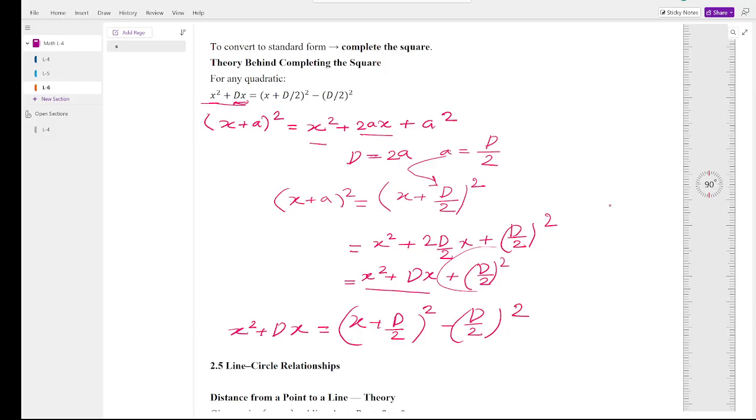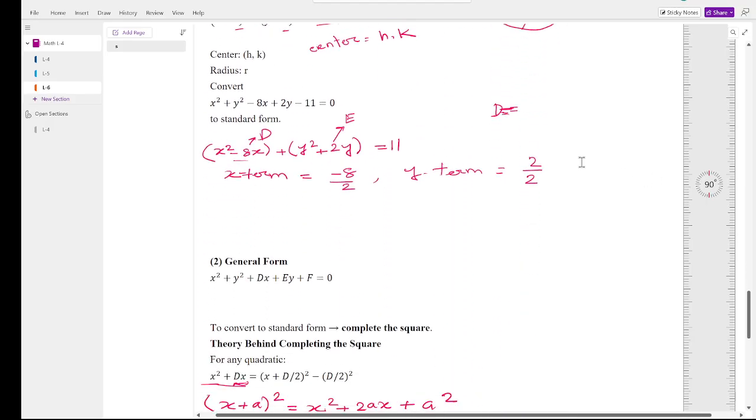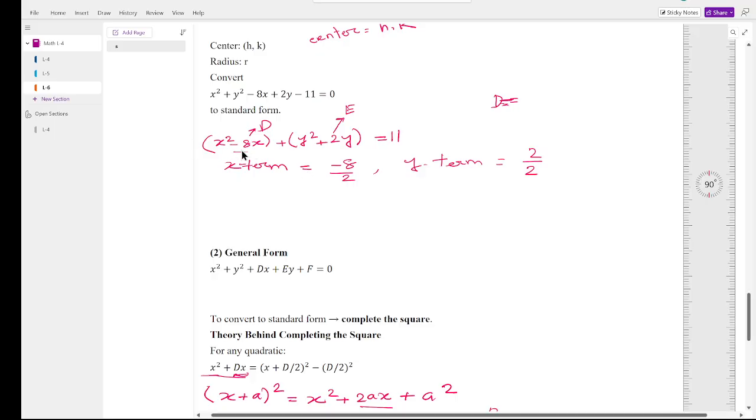So for d, we find a equals d by 2. For this reason, we moved here. For the x term, this is d. How can we find this one?